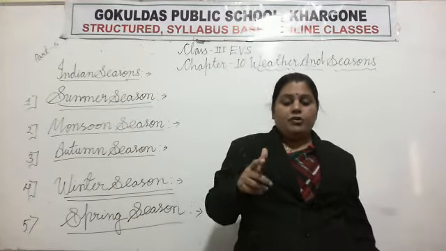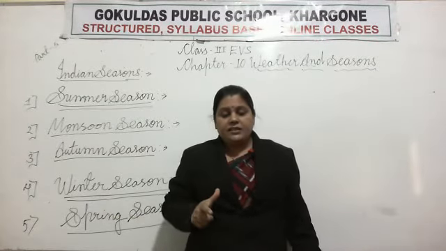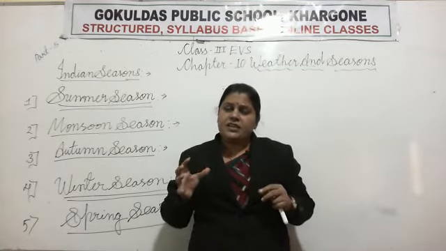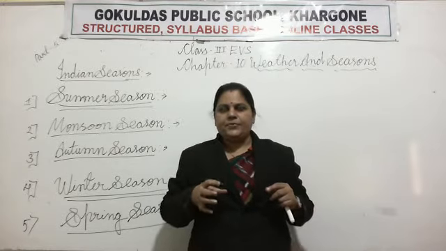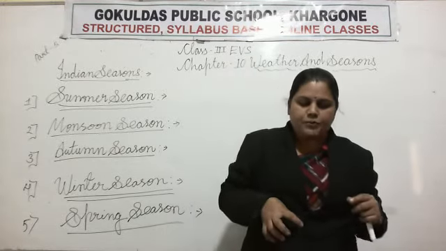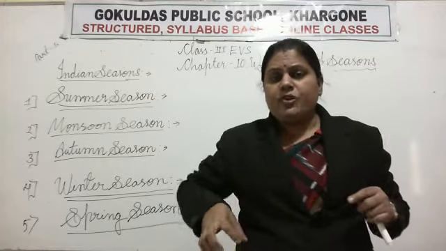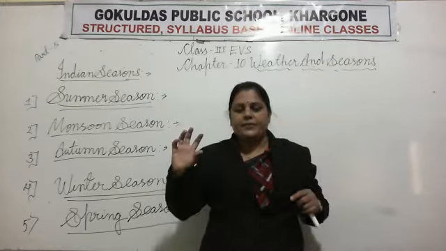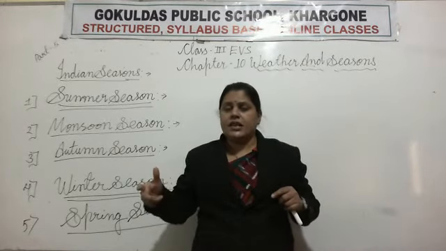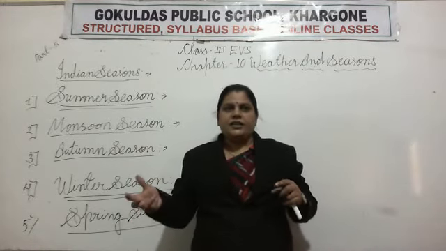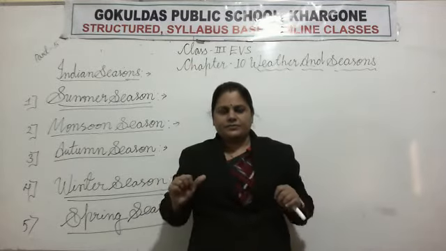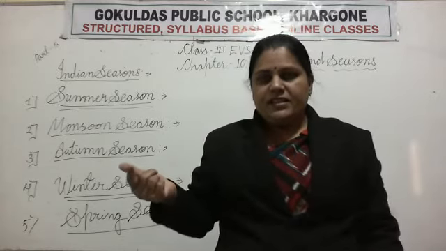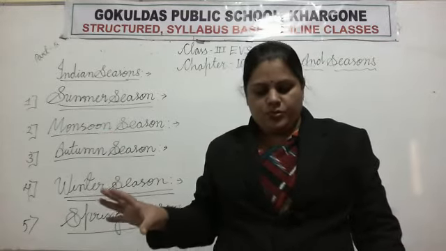Then I told you about the sun. The weather completely depends on the sun, right? If the sun shines very brightly, the sun rays come directly to the earth. It means the temperature of that particular place is very high. When the sun rays do not come directly to the earth, because clouds cover the sun, the temperature of that place is a little low, right?